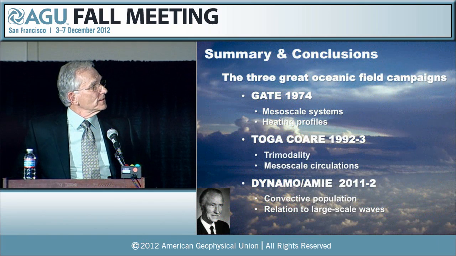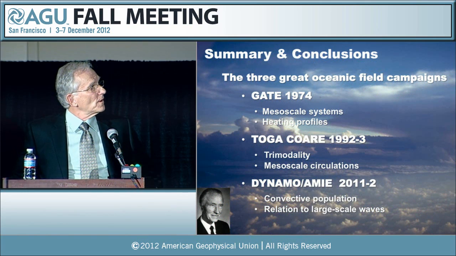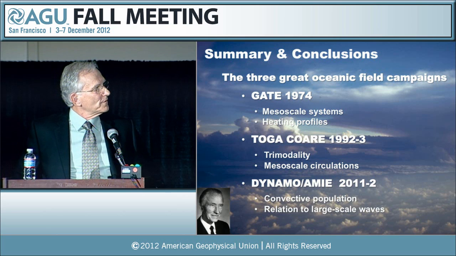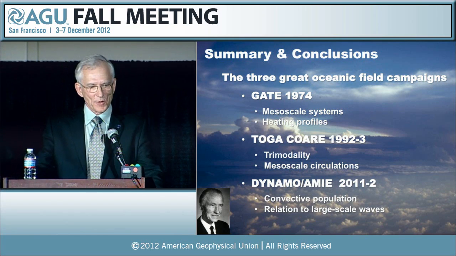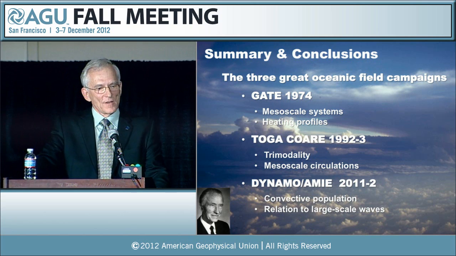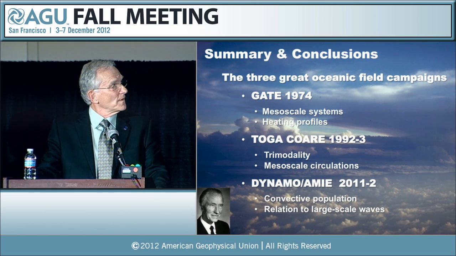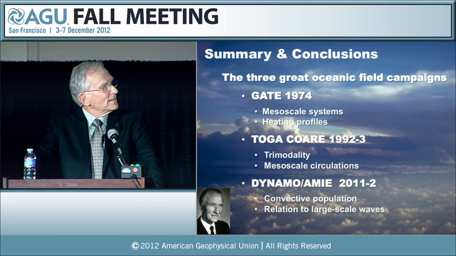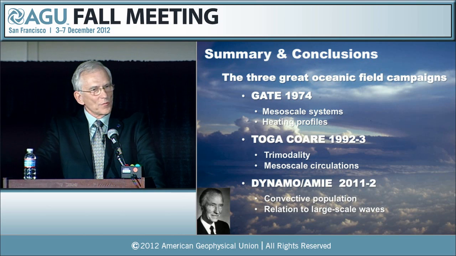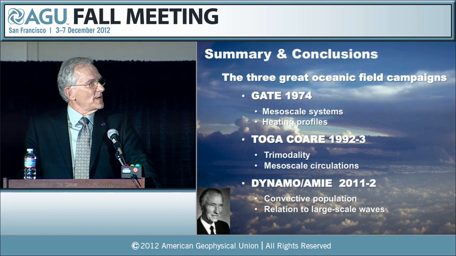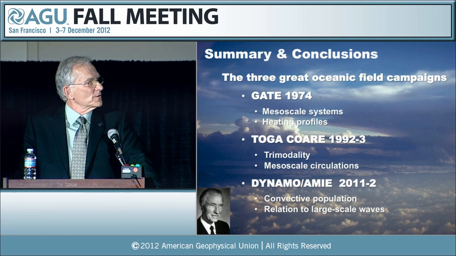So this brings me to where I want to recap a few of the things we talked about. We've had these three great oceanic field campaigns. I've been privileged to be in all three of them. In GATE, we discovered the mesoscale convective systems were really important, and they have these heating profiles which tend to shift the heating to the upper troposphere.